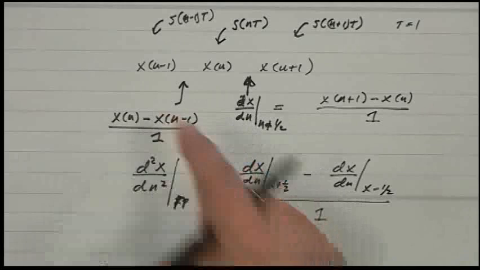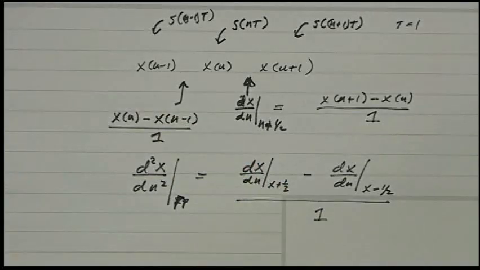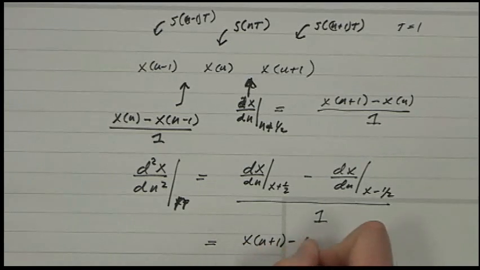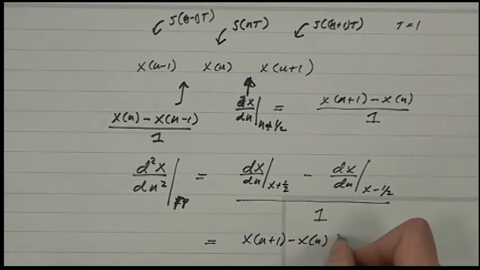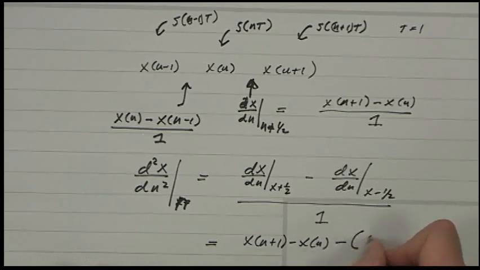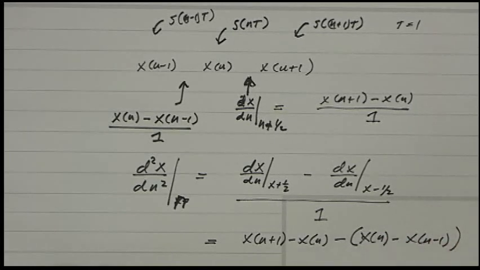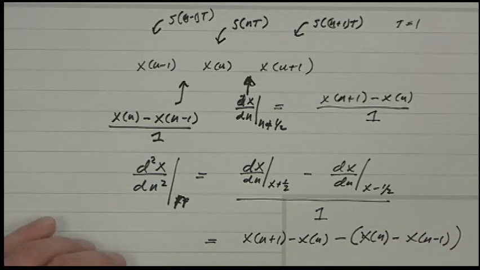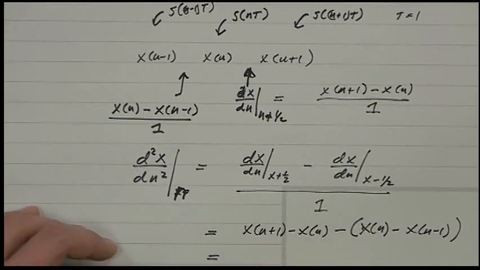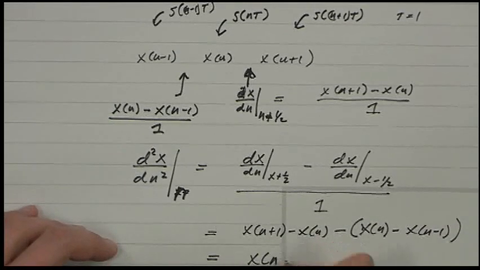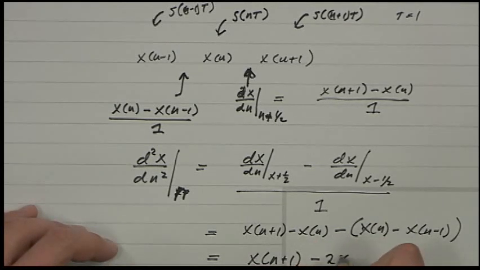And this is that, right? So I get here x of n plus 1 minus x of n, and I get minus (x of n minus x of n minus 1), and I divide that all by 1, so it doesn't really matter. So I get here x of n plus 1 minus 2x of n, and then I get plus x of n minus 1, right?